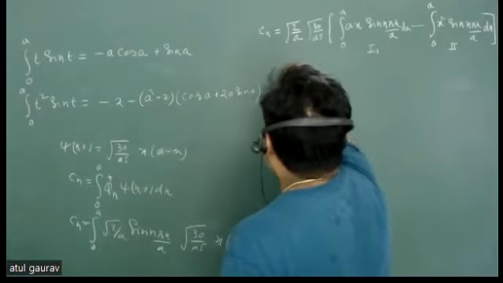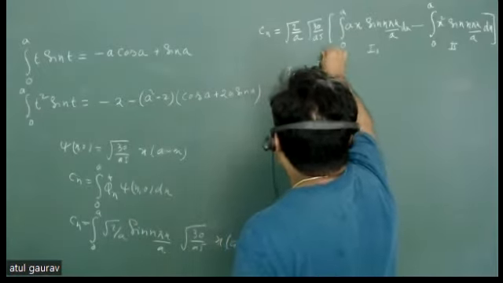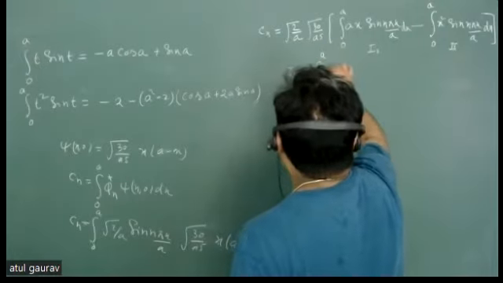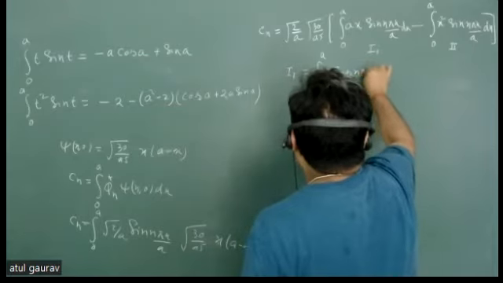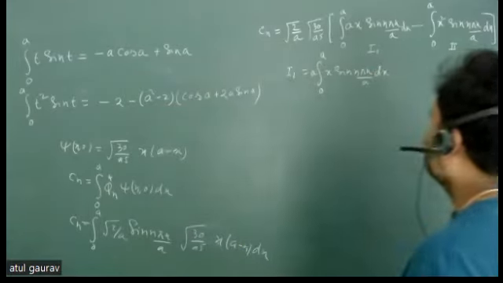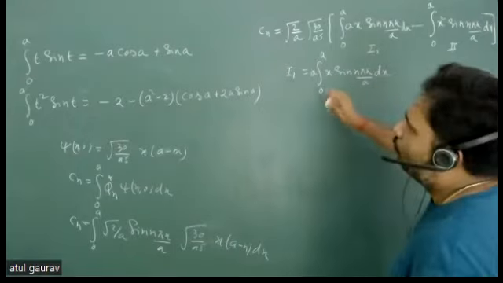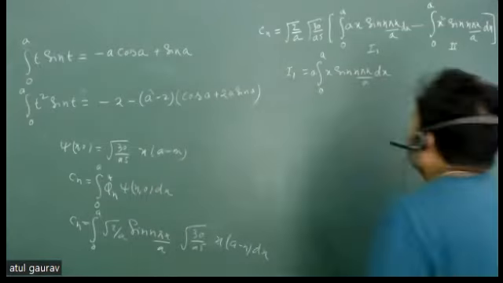So what is my first integration? My first integration I1 is from 0 to a, x sine n pi x upon a dx. What we will do here, we have to use this formula, so I have to put everything into this form.